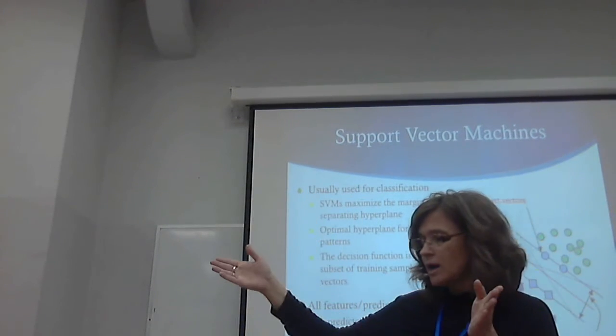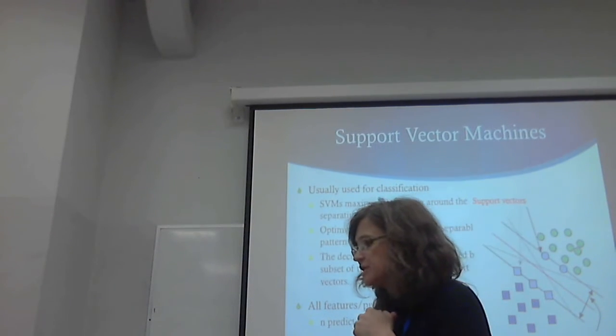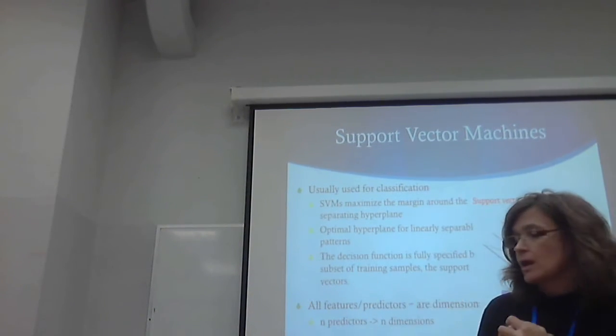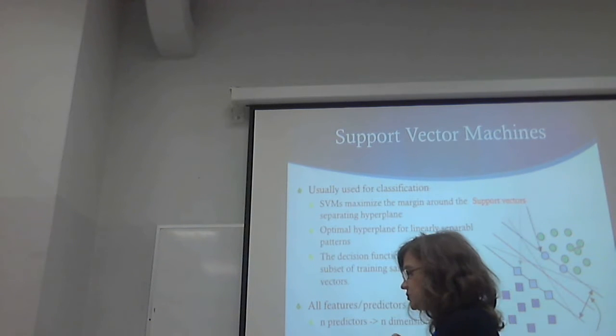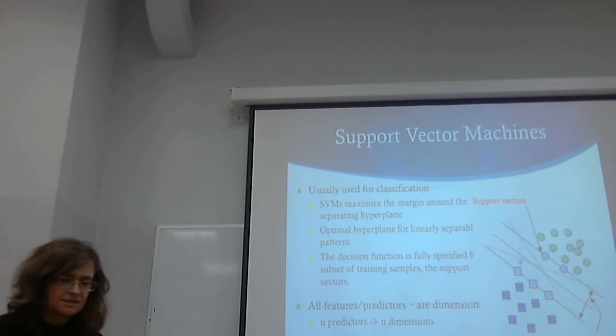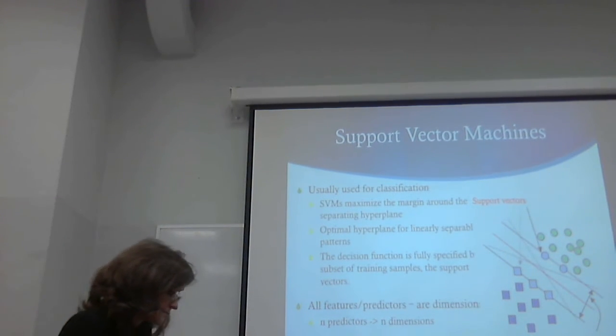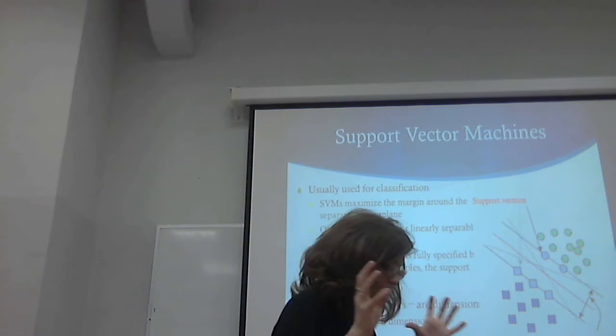If you have 228 predictors, we have 228 coordinates. And in mathematics, we can call every point a vector with 228 coordinates in 228-dimensional space.